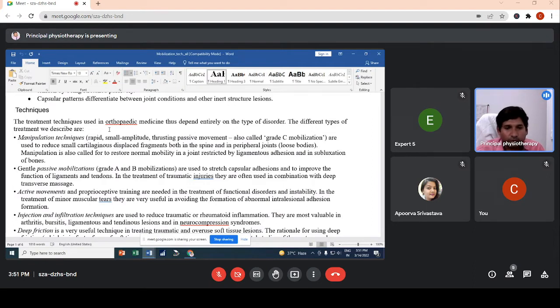Active movements and proprioceptive training are needed in the treatment of functional disorders and instability. In the treatment of minor muscle tears, they are very useful in avoiding the formation of abnormal intra-lesion adhesions.